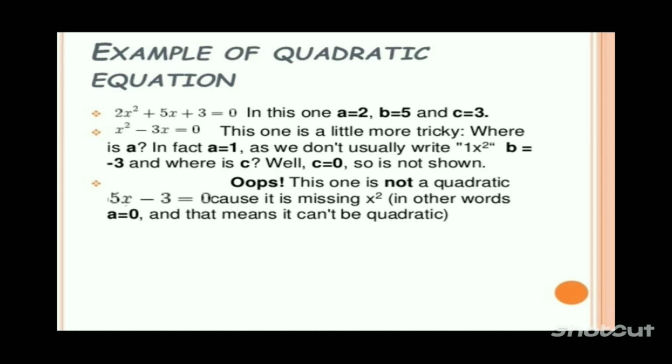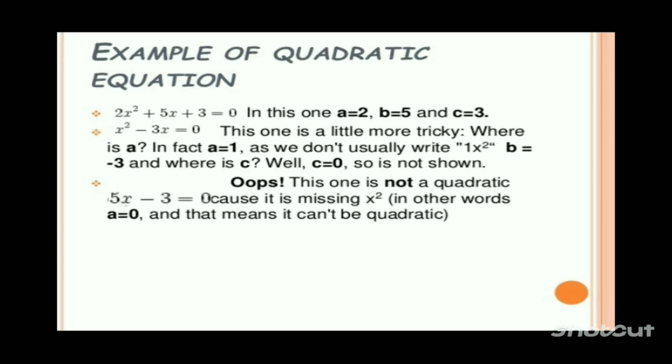In fact, a equals 1, as we don't usually write 1x squared, since the coefficient of x squared is 1. So b equals negative 3. And where is c? Well, c equals 0, so it is not shown.